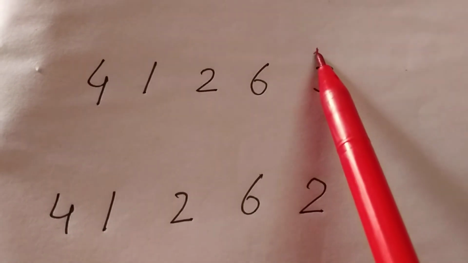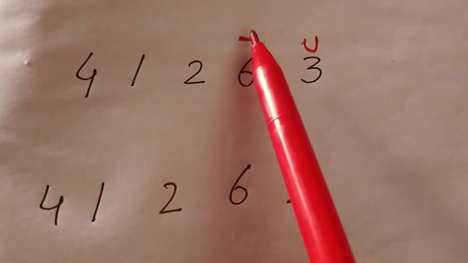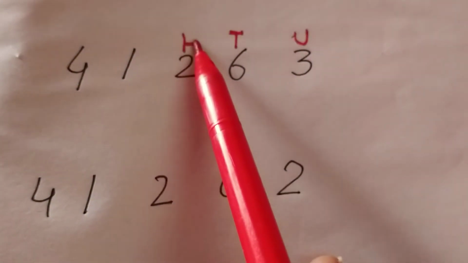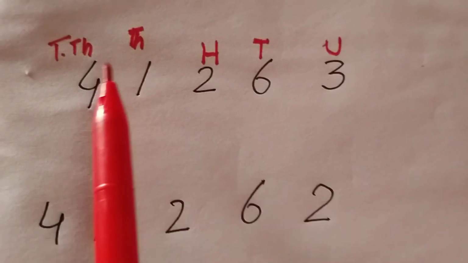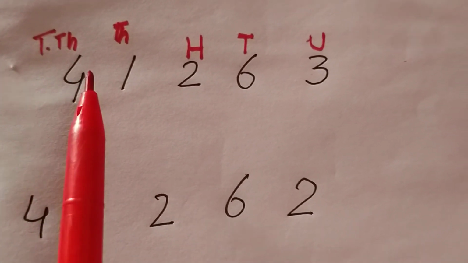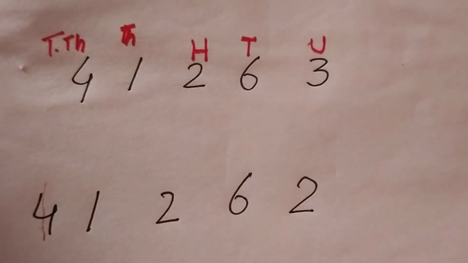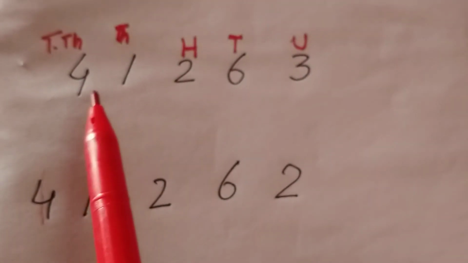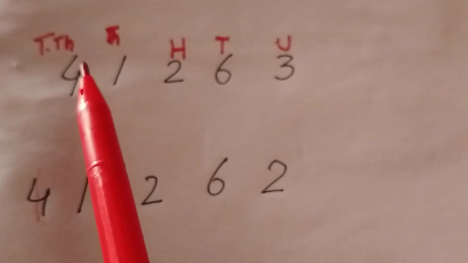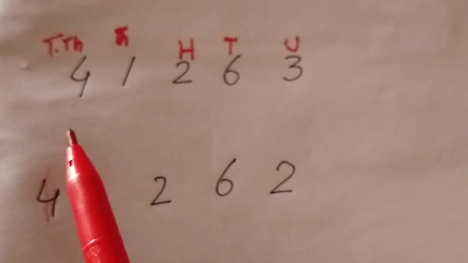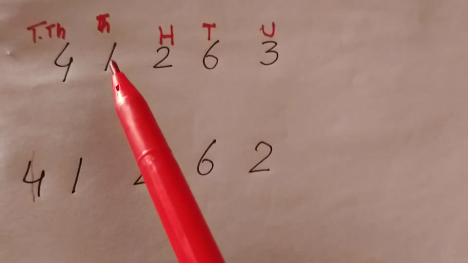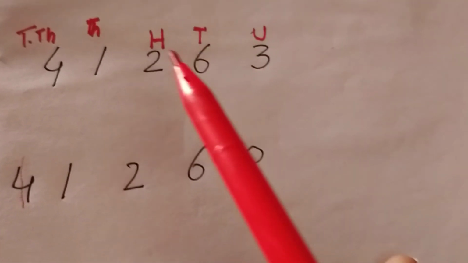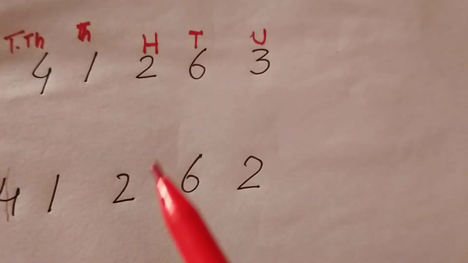Unit, tens, hundreds, thousands, ten thousands. The value in the ten thousands place is the same. The value in the thousands place is the same. The value in the hundreds place is the same.